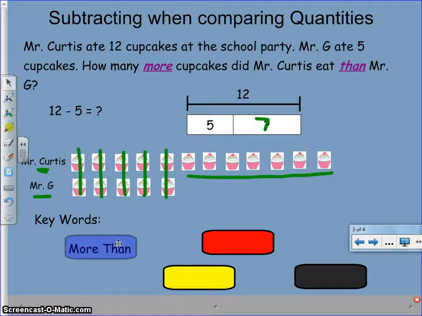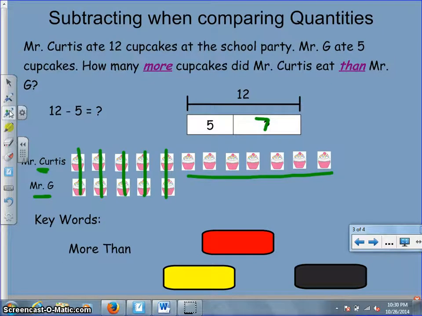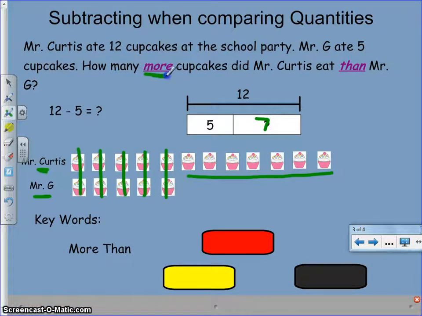One is more than. If you look up in my example, you see that I have more than in purple. I want that to stick out because when you're going to subtract, more than is not actually going to be right next to each other, but you will still see that in the question.